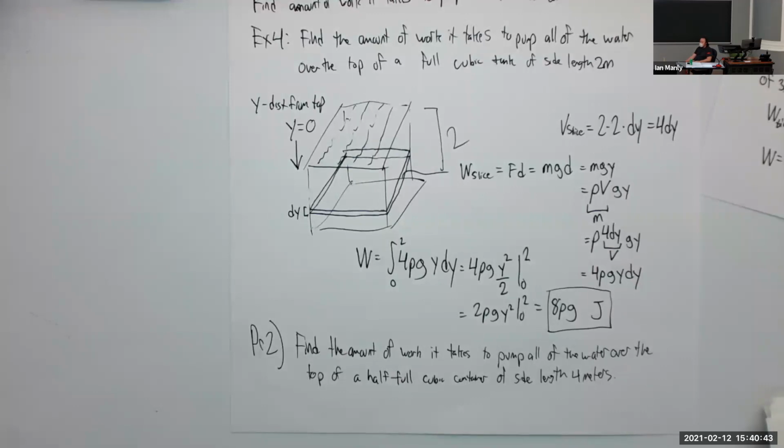Rho V: if you take the density of something, which is mass per unit volume, and multiply by how big it is, which is the volume, that will give you the mass. So rho times V, or density times volume, is the mass.